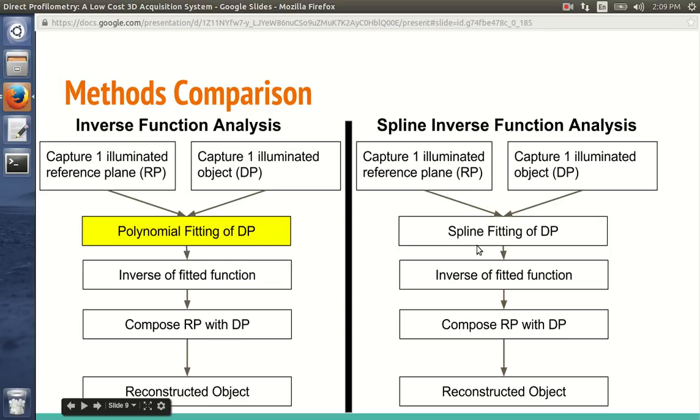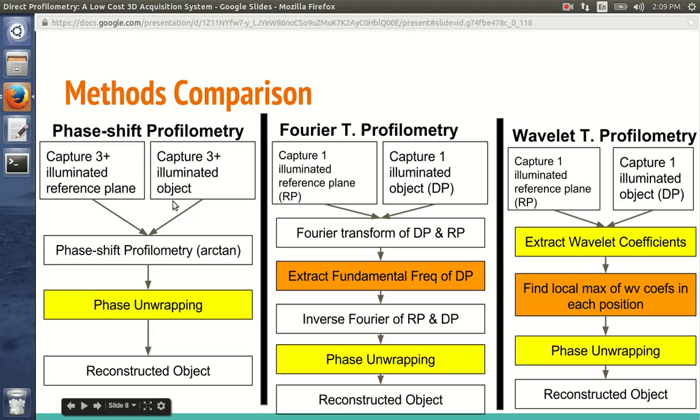Please notice that in the diagram I put yellow color, so the part with yellow is the part that needs high computation. All methods need some high computation, for example phase unwrapping.